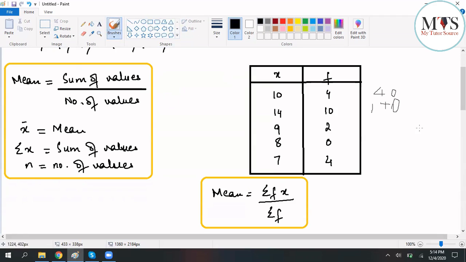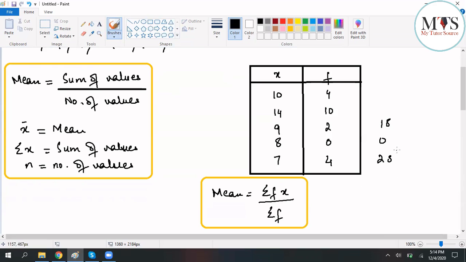And then I just add it up, right? Exactly. 18, 0, 28. Yep, that's right. And then divide this by this. Exactly, and that will give you the mean.